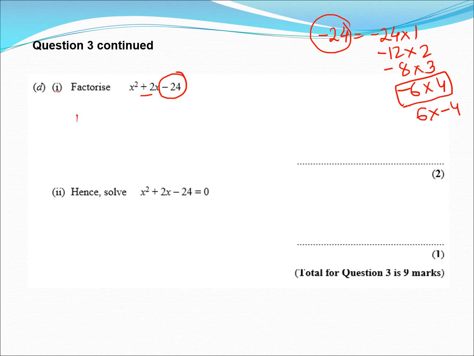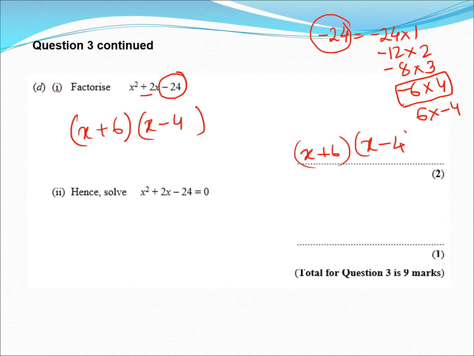So I'm going to open up 2 brackets like this. I'm going to write x plus 6 and x minus 4. Let's test. x times x is x squared, and 6 minus 4 is positive 2x, and 6 times negative 4 is negative 24. So your answer is going to be x plus 6 and x minus 4.